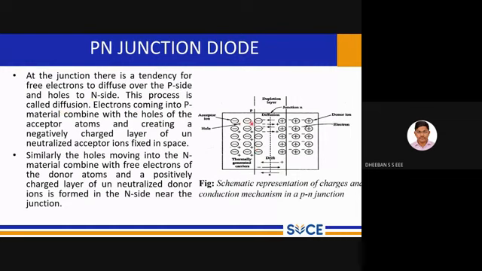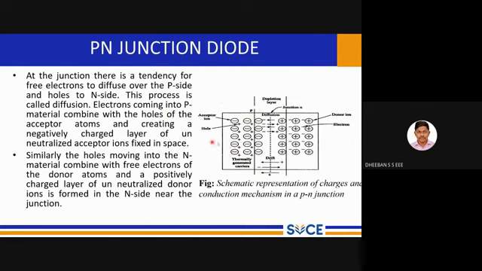Both things will combine together to form the depletion layer. This depletion layer is where both your negative and positive ions will be combined, and this depletion layer will be more stable. In order to have a conduction, your P type is called the anode and N type is called the cathode.